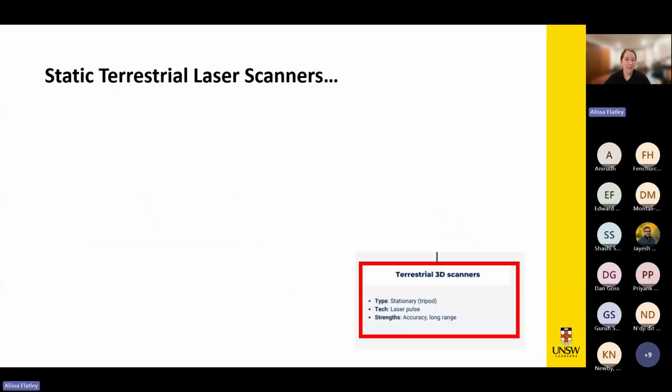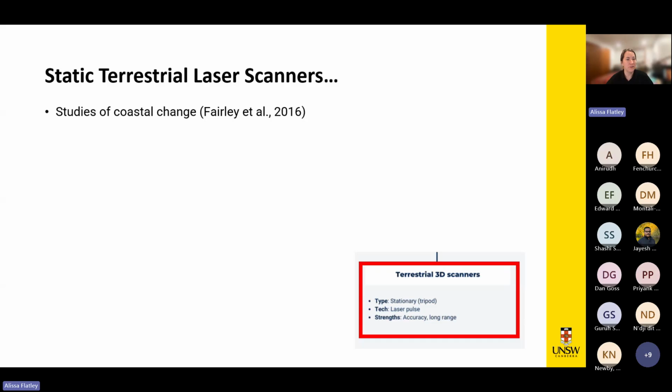So I said before that the advances in, I guess, mobile TLS technology, they do not take away from the fact that we still use static TLS, so tripod-based stationary TLS, for a lot of geomorphic mapping and a lot of monitoring and scientific research. And I wanted to highlight a few ways in which we still use static terrestrial laser scanners.